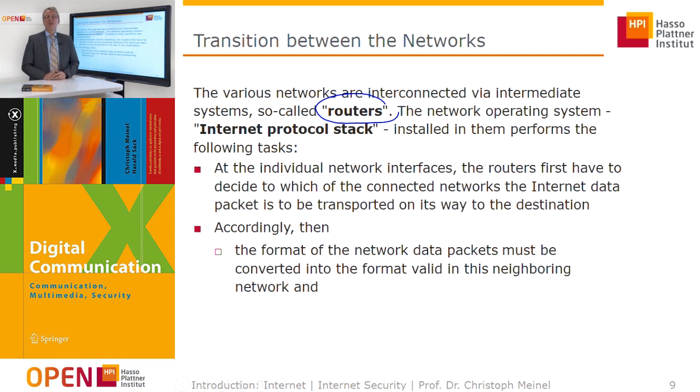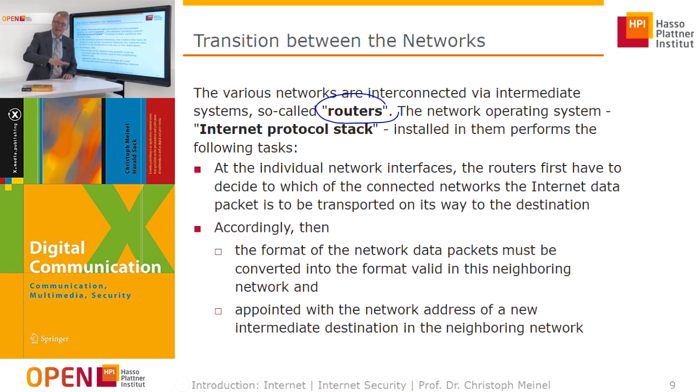So the IP package, the network package, is analyzed, then the payload is packed into a new network packet which follows the format of the neighboring network, and then this packet is sent through the neighboring network up to the moment it reaches the next boundary to a new network.